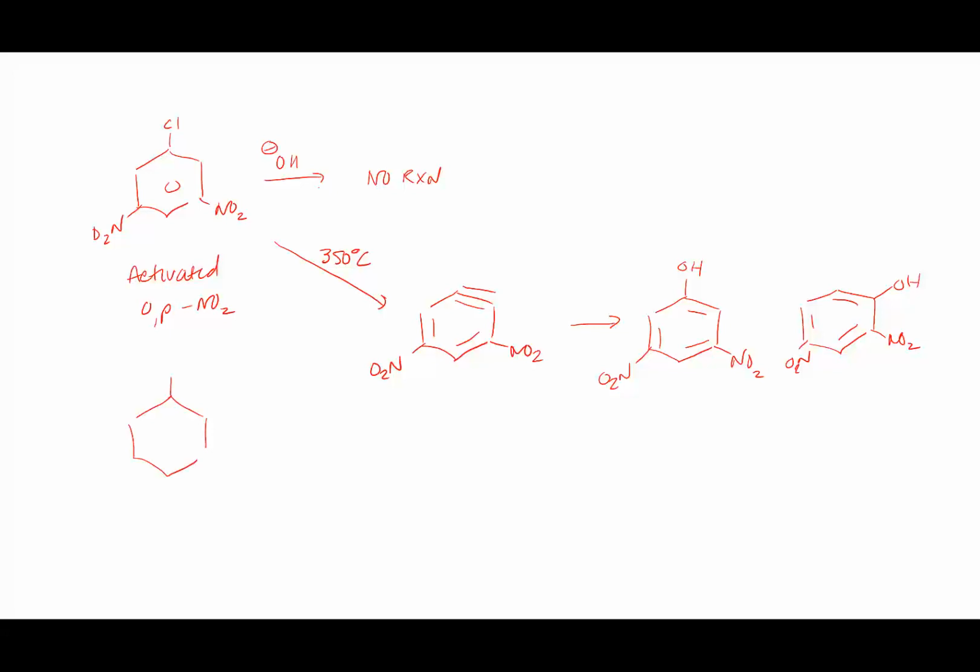If I want, here's my, whatever my leaving group is, if I want this to be activated, I need an electron withdrawing group at the ortho and an electron withdrawing group at the para positions. That makes this an activated ring. So it's exactly the opposite. I'm using electron withdrawing groups, which would normally be deactivating in electrophilic aromatic substitution. And if those groups aren't there, then the system is not activated.